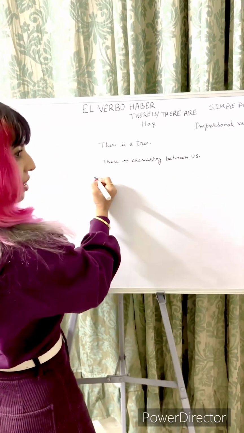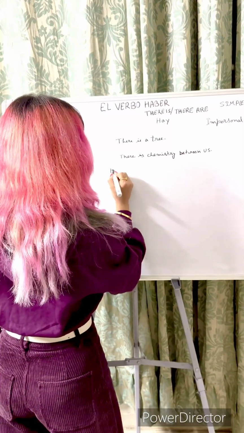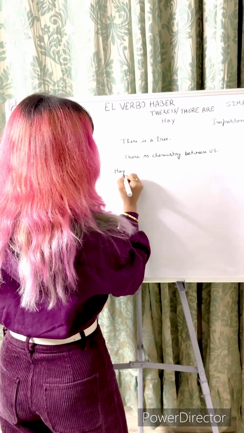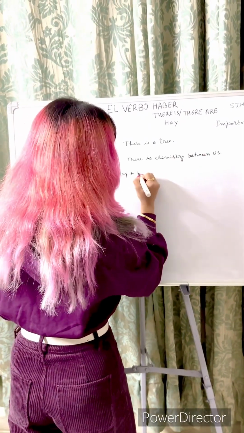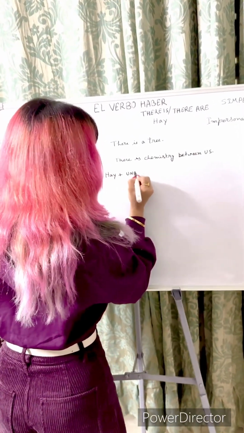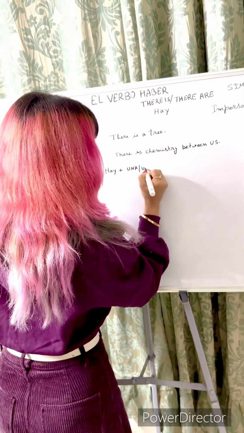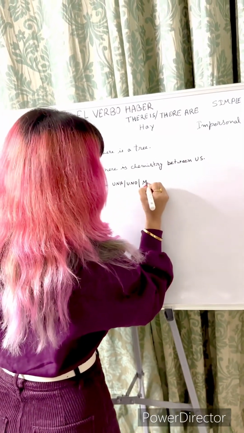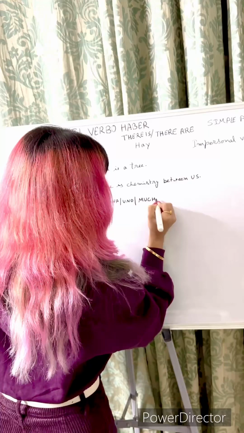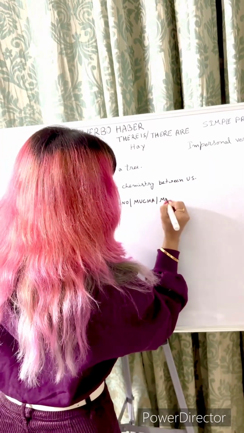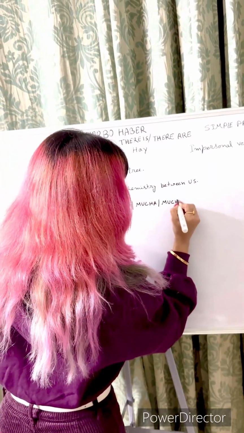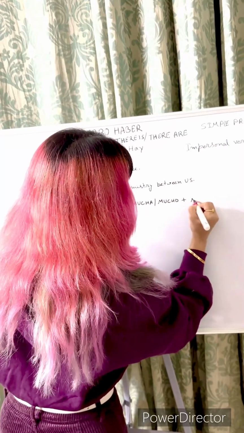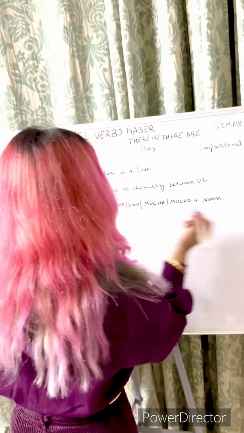And the sentence structure for haber, the basic structure, is I plus una, uno, mucha, mucho, then noun.